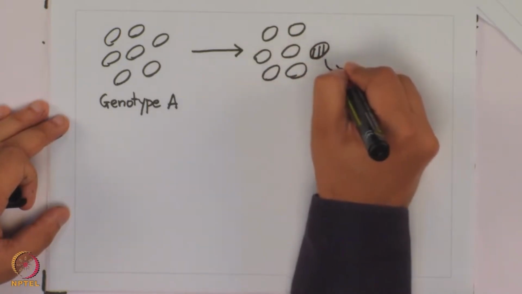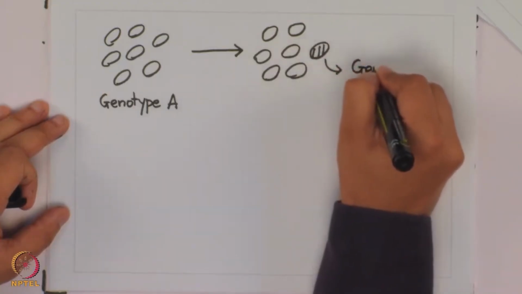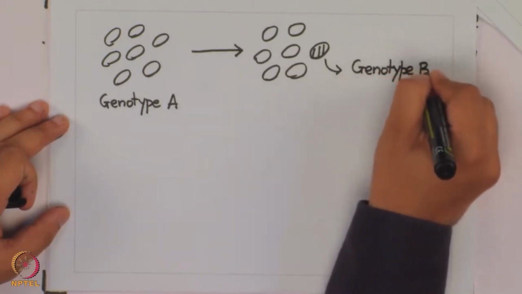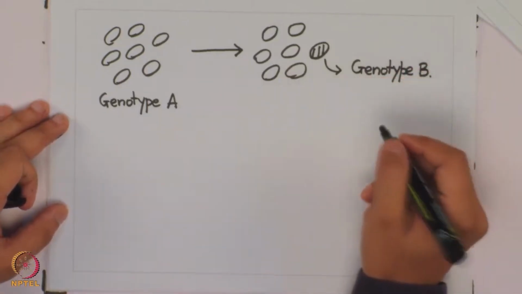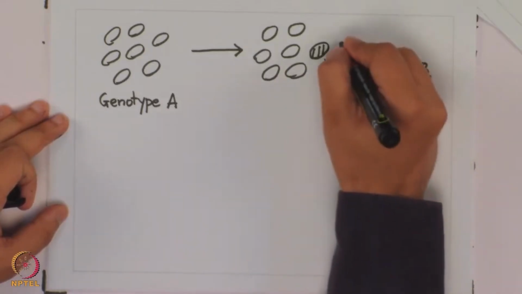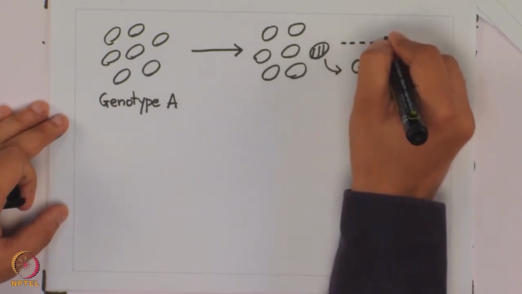Let us say this mutant is genotype B. So, very often the number of mutants, and we want to monitor what happens to this system as this moves forward in time.